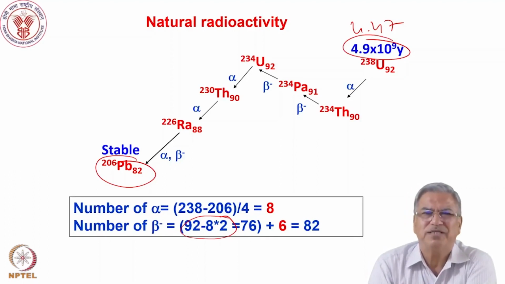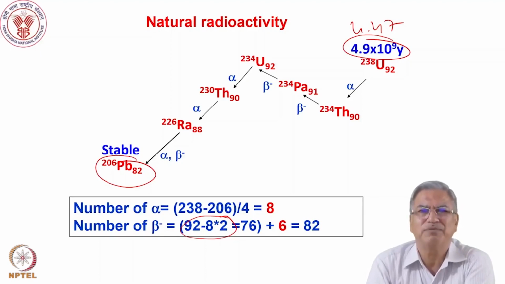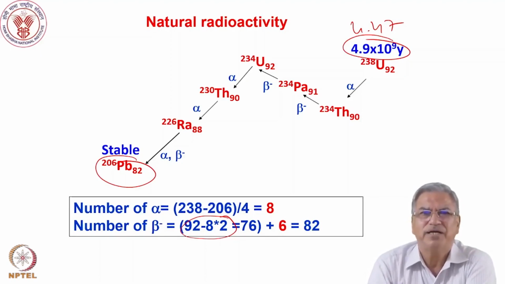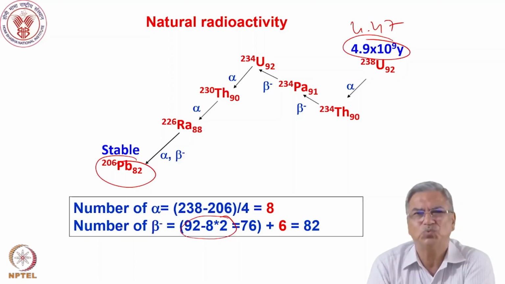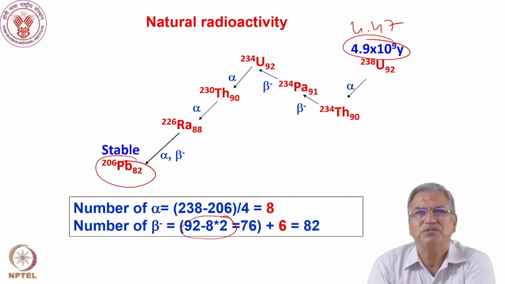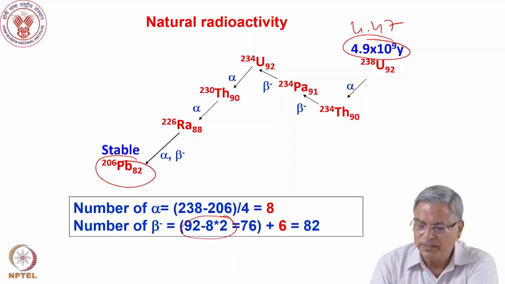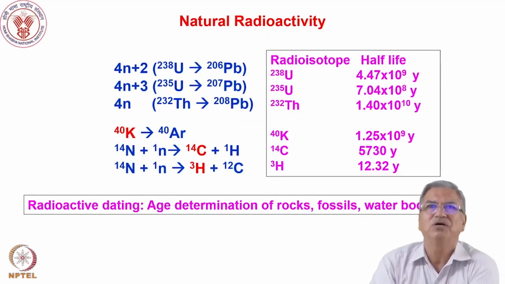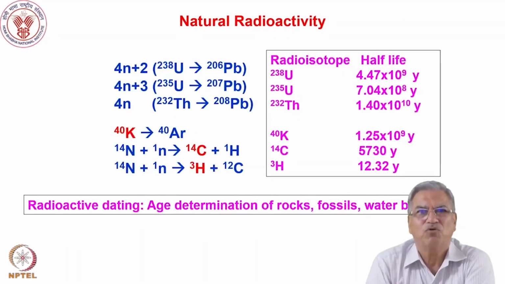That means there have been 6 beta minus decays, because in beta minus decay, atomic number increases by 1. So 92 minus 16 is 76, and 76 plus 6 is 82. So in this natural radioactive series, there is emission of 8 alphas and 6 betas. That is how you can calculate in any natural series the number of alphas and betas.